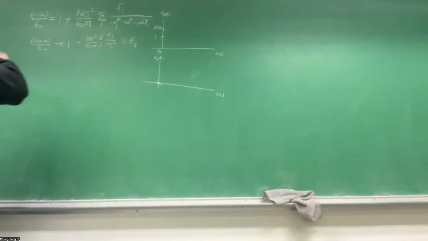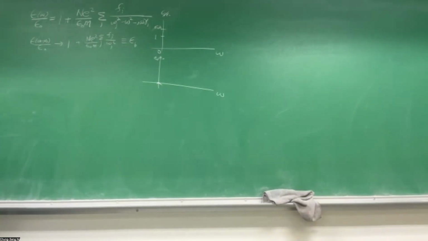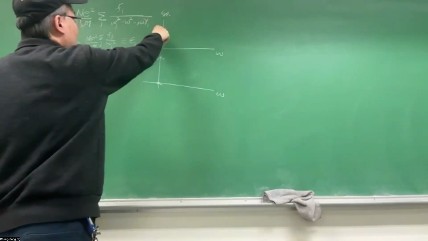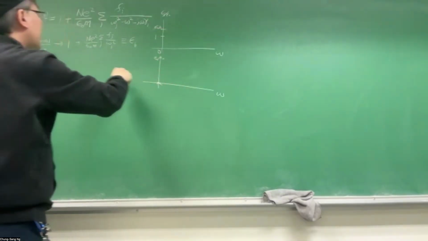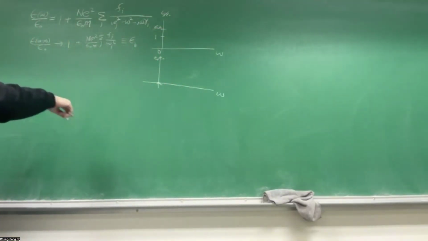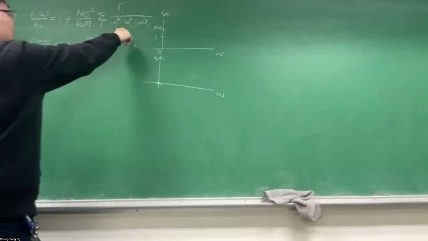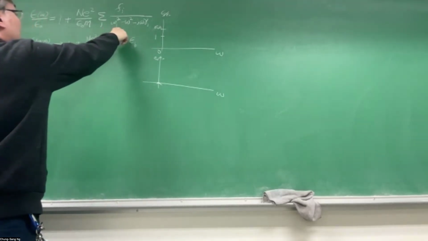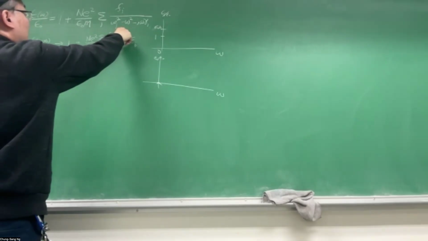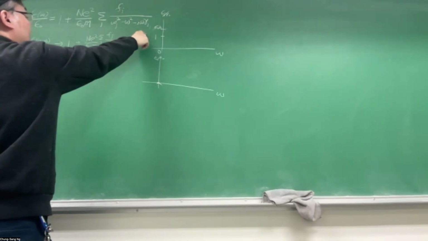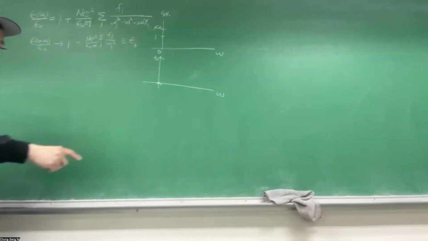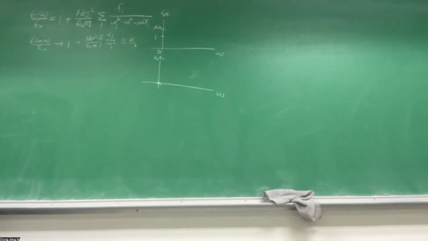And omega goes to zero. Now we look at how this function will move with finite but small omega. If the collision frequency is small, then all the gamma sub j's are small.